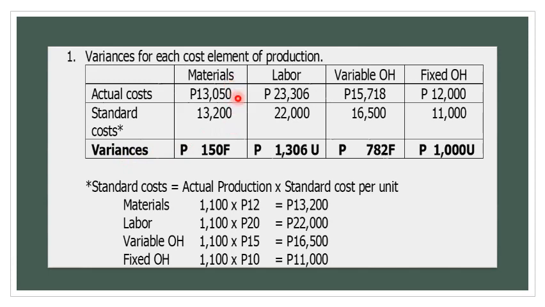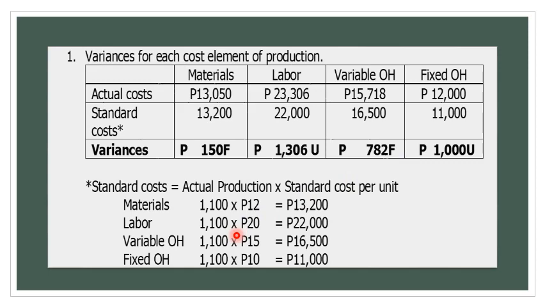So, dito, ang actual material cost daw ay 13,050. Pero ang standard cost ay 13,200, which is greater than the actual. So, favorable yon sa atin. So, variance is 150 pesos favorable sa materials. Then, labor is 1,306 unfavorable, 782 favorable sa variable overhead, and 1,000 unfavorable sa fixed overhead.